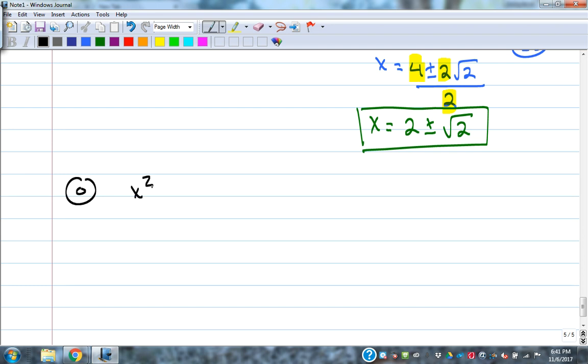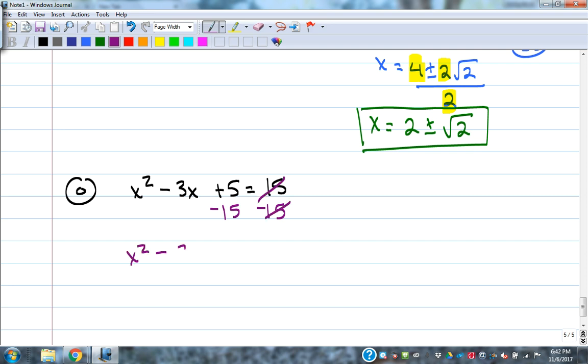Let's do this. x squared minus 3x plus 5 is equal to 15. What do we need to do first? Get it equal to 0, so move the 15.